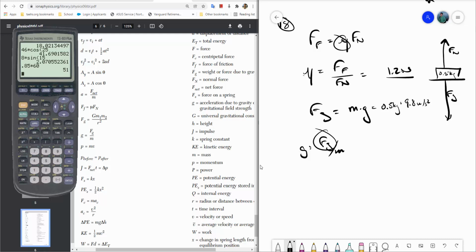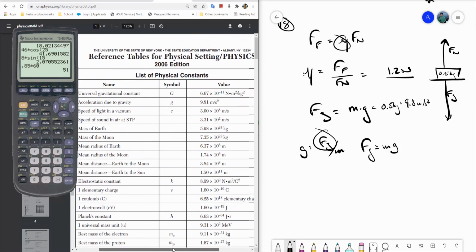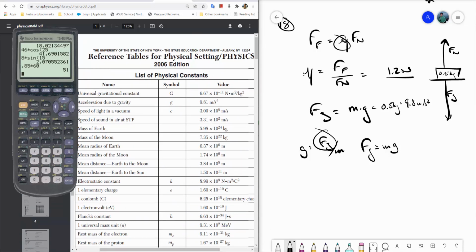To get the force of gravity by itself, multiply mass on both sides, and you'll see that force of gravity is equal to mass times gravity. If you forgot what gravity is, you really should know that, but here it is on the reference table, 9.81 meters per second squared.